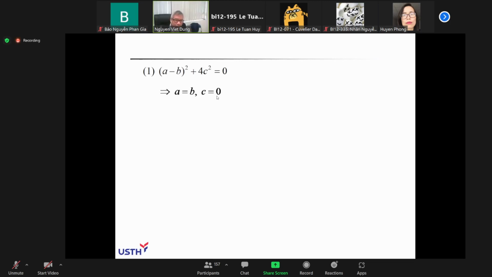And when C is 0 already, then the matrix is already diagonal. We don't have to do diagonalization of A. In the other case, the discriminant is positive.